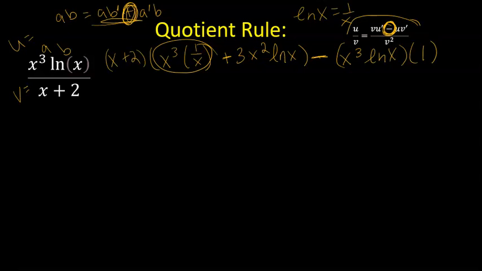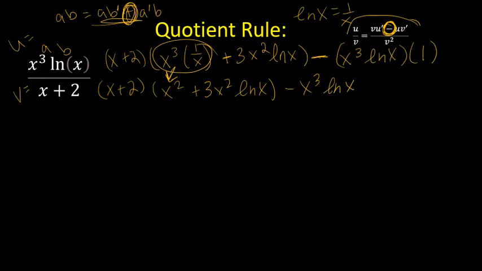I want to make it neat so we can see it. x plus 2. And then I'm going to have x to the second. This becomes x to the second. Plus 3x to the second ln x. Minus x to the third ln x. Right? And all over the denominator.